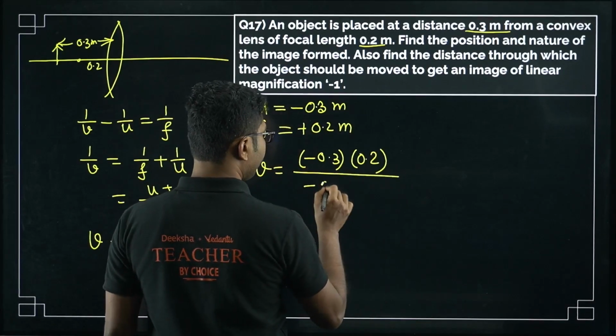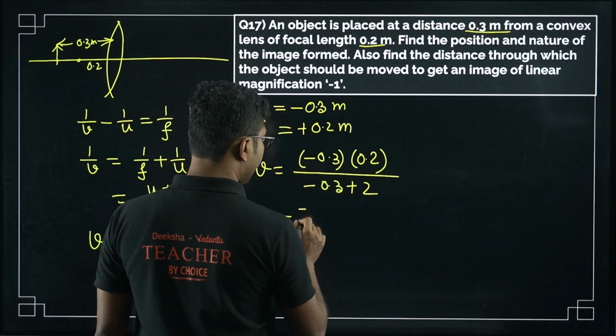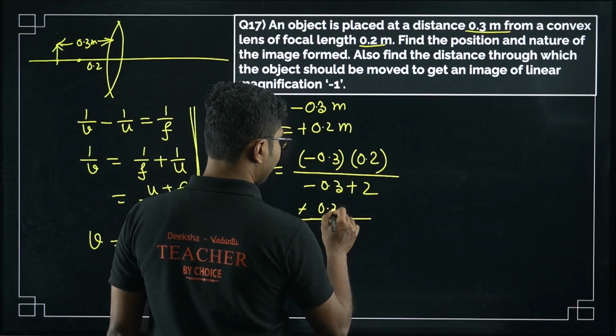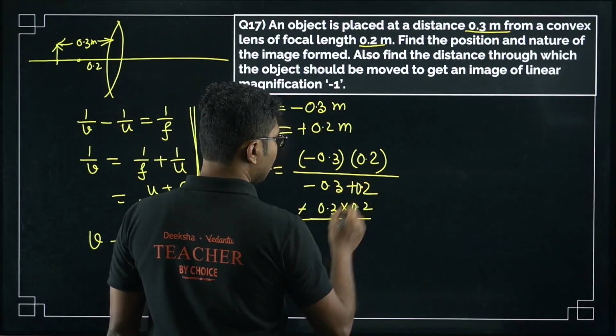There will be a negative from the top and a negative from the bottom, so they will cancel. So 0.3 into 0.2 divided by 0.5.